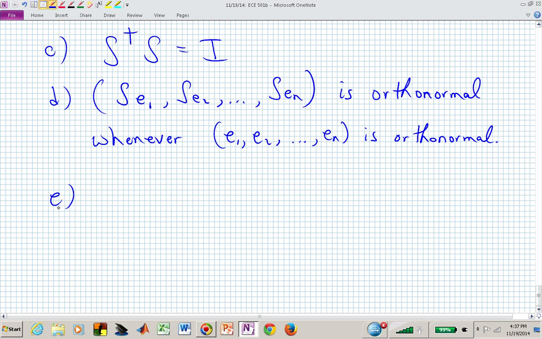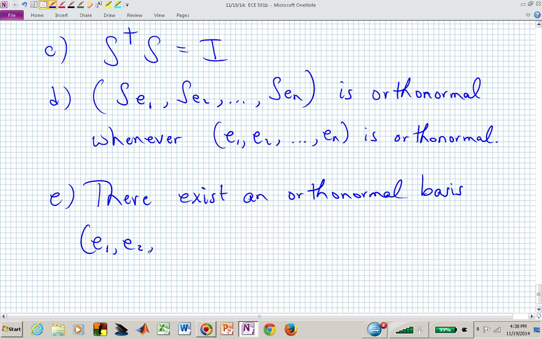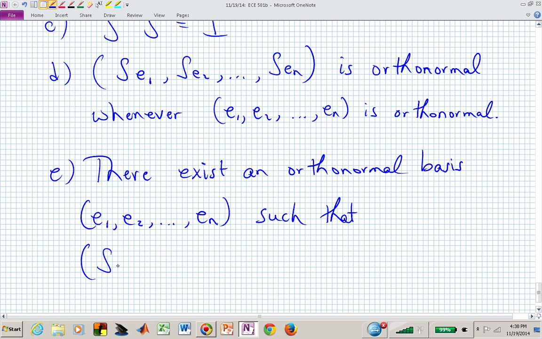Likewise, there exists an orthonormal basis E1, E2 up to E sub n such that SE1, SE sub 2, through SE sub n is orthonormal.